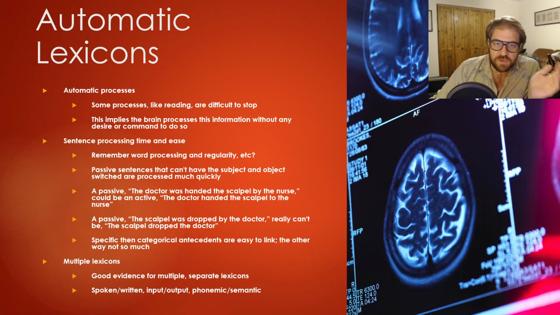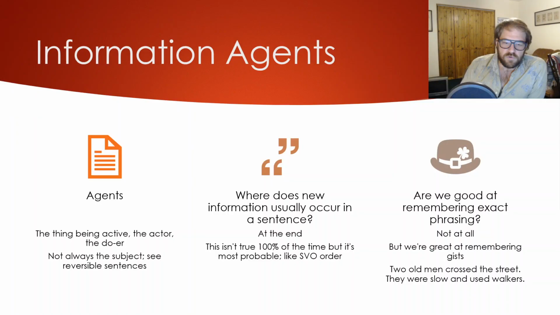It's unlikely that you're going to use the scalpel as an agent. So it could. It's not out of the question that you could use these, but it's just much less likely. And you see that over and over and over again, that we're talking about probability, not 100% for sure.